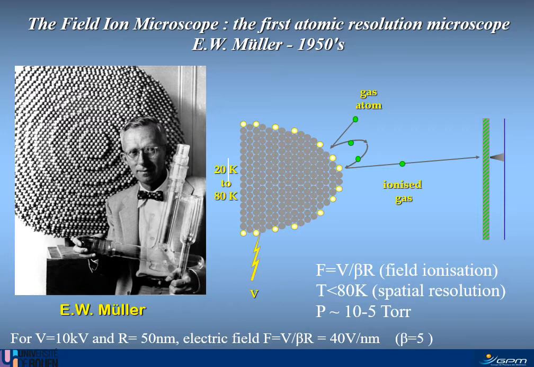So let us keep in mind that you will have an image that is in fact a magnified image of the distribution of atoms at the tip surface, and the magnification is proportional to the ratio of the distance between the screen and the tip divided by the tip radius.